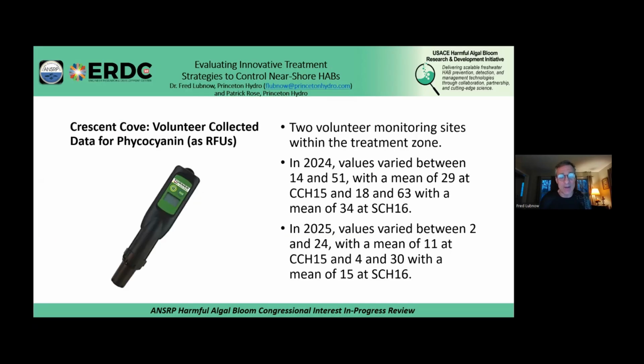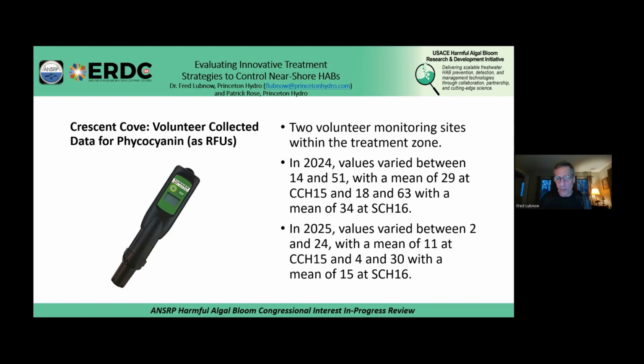And then the last thing I'll say about Crescent Cove, and this is data that wasn't even collected by us, this is collected by volunteers who monitor for phycocyanin. Phycocyanin is a pigment that is almost exclusively produced by cyanobacteria. What they found was, in their monitoring in 2024, they have two monitoring stations, and I'll just give you the mean values.